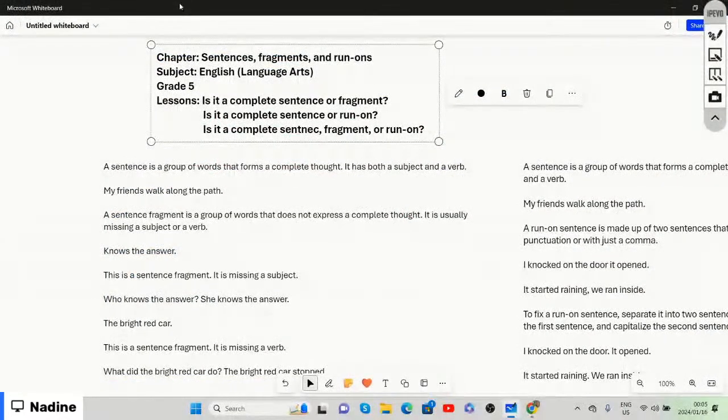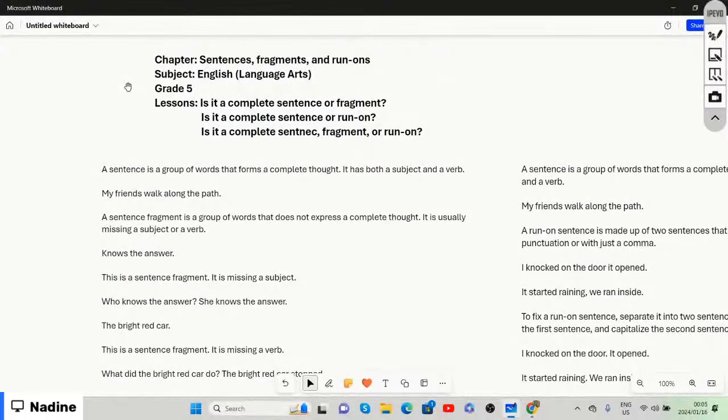All right, so our chapter that we will be doing is sentences, fragments, and run-ons. Our subject is language arts, which is English, grade 5.